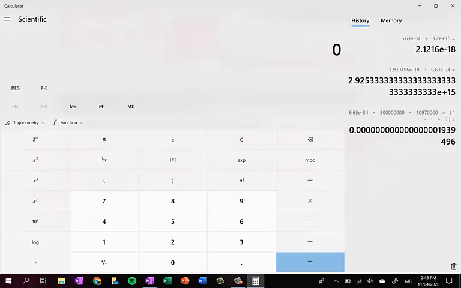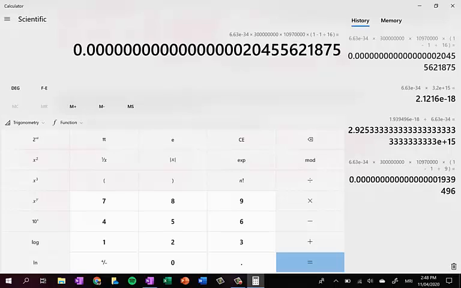Let's try that again: 6.63 times 10 to the negative 34 times 3 times 10 to the 8 times 1.097 times 10 to the 7 times 1 minus 1 over 4 squared, which is 16.